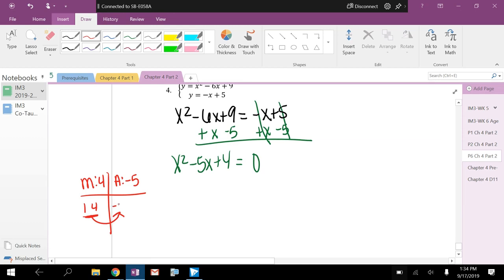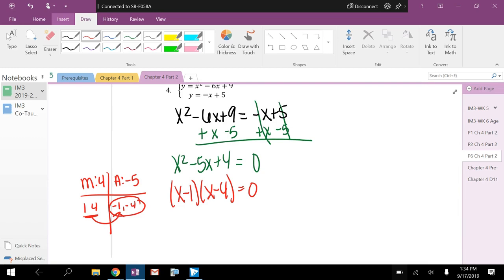Very good. If I multiply those together, I get +4. If I add them together, I get -5. That's why they work. We're using that: x minus 1, x minus 4 is equal to 0. That's factoring from last week. Whatever these 2 numbers are, that's what it becomes. It's so much quicker than the first round we did.